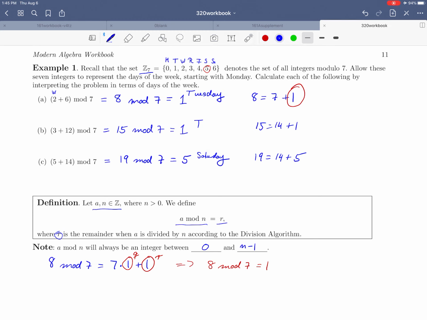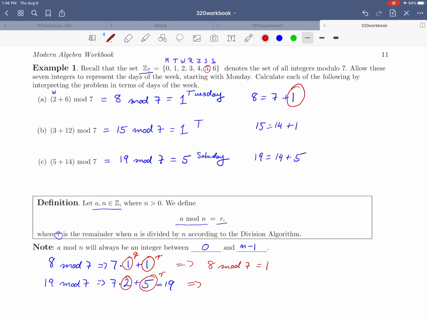And one more example, let's look at 19 mod 7 from above. So there we have 7 times 2 plus 5, which is equal to 19. Again, our quotient was 2 and our remainder was r, and we don't care about the quotient at all.